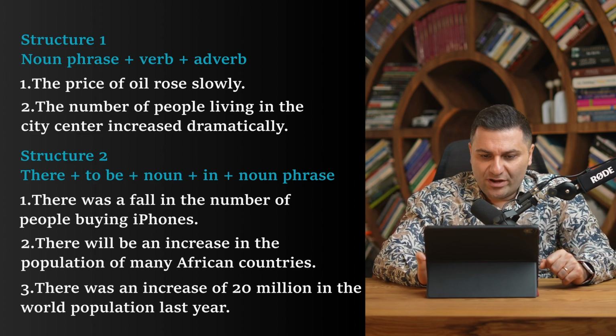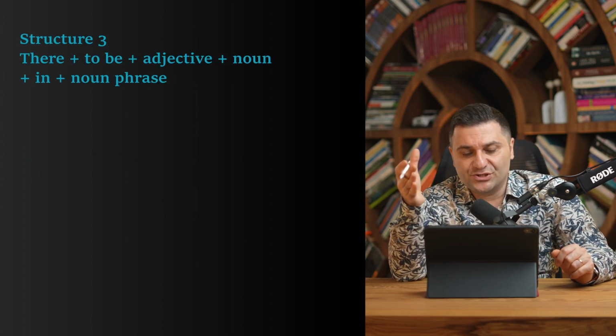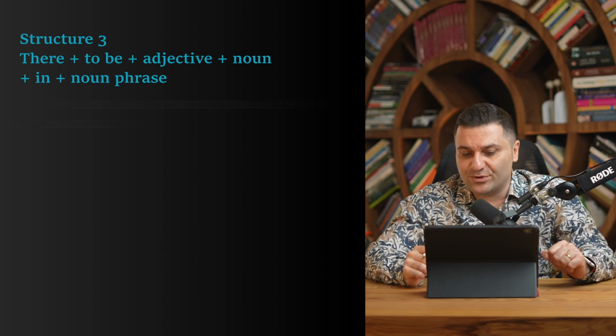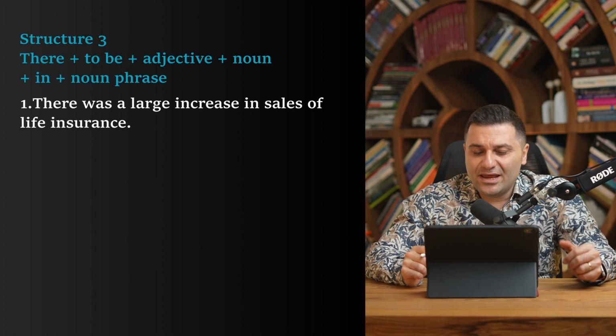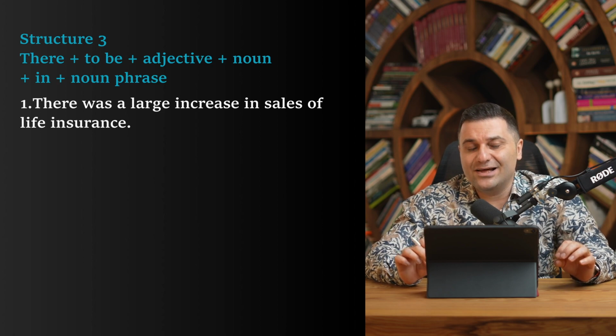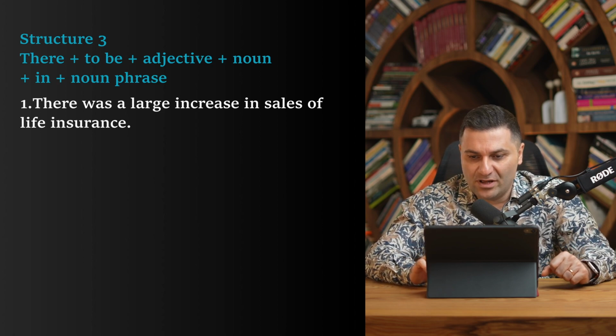All right, now let's work on simple grammar structure 3. It is there plus to be plus adjective plus noun plus "in" and a noun phrase. For example, there was a large increase in sales of life insurance. So we have added an adjective here before the noun.